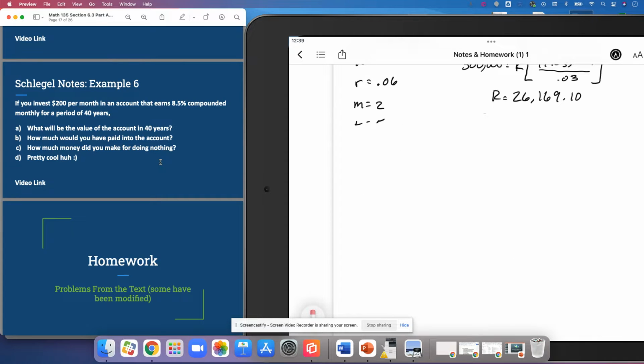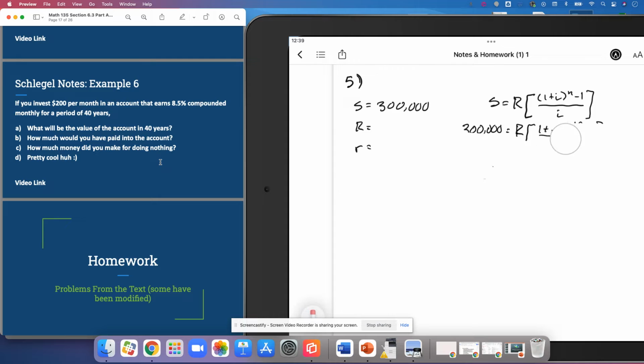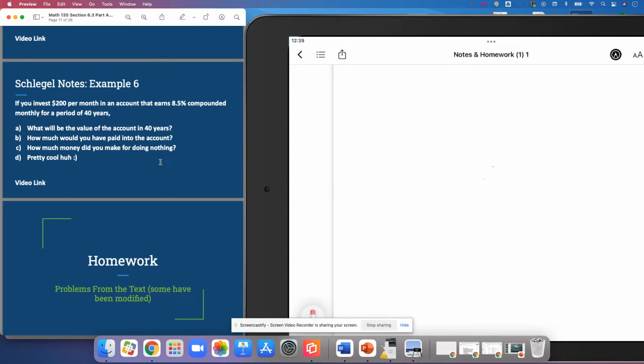So here with number 6, if you invest $200 per month into an account, so let's do our setup.